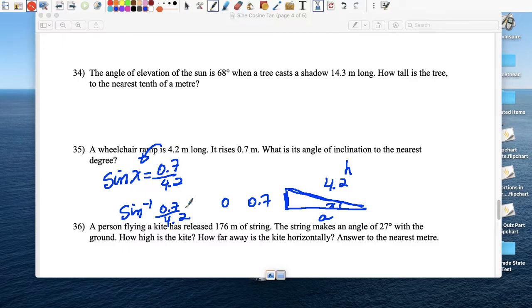We put in 0.7 divided by 4.2, and that angle is, to the nearest degree, 10 degrees. Remember, it's a wheelchair ramp, so that angle can't be that high. It makes it very difficult to push or use your hand to go up that ramp. So 10 degrees is your answer.